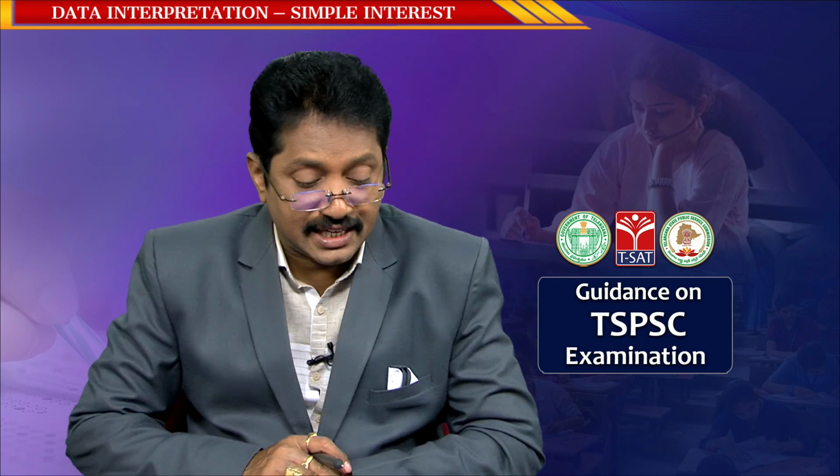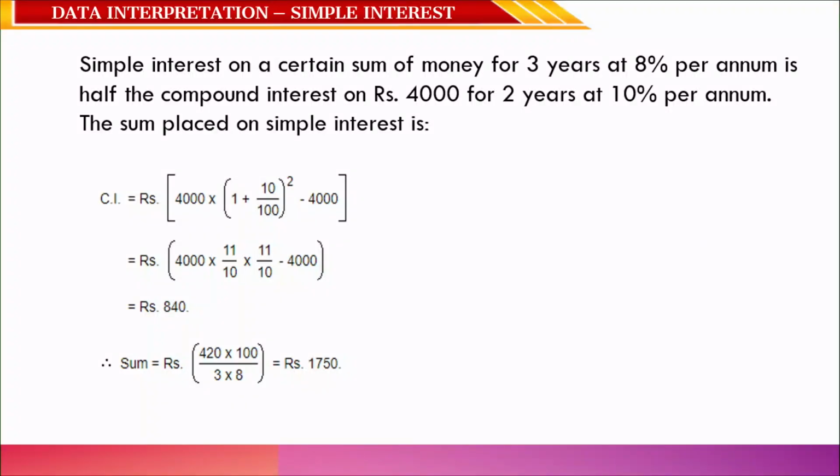The simple interest on a certain sum of money for 3 years at 8% per annum is half of the compound interest on 4,000 rupees for 2 years at 10% per annum. Then the sum placed on simple interest is? The simple interest on a certain sum for 3 years at 8% per annum is given.